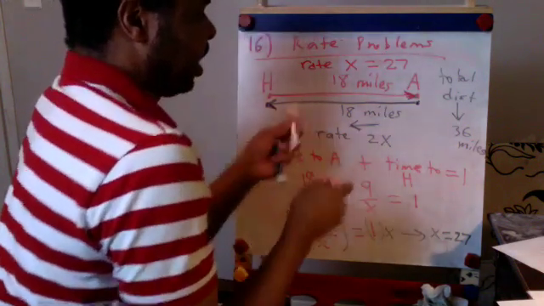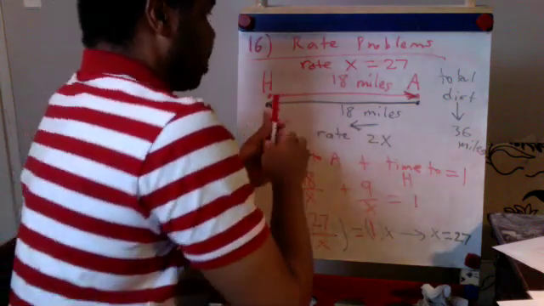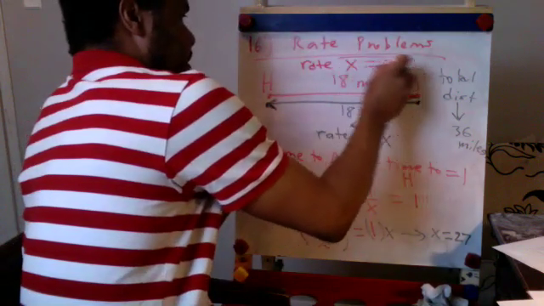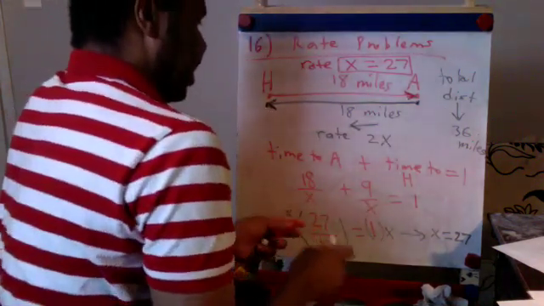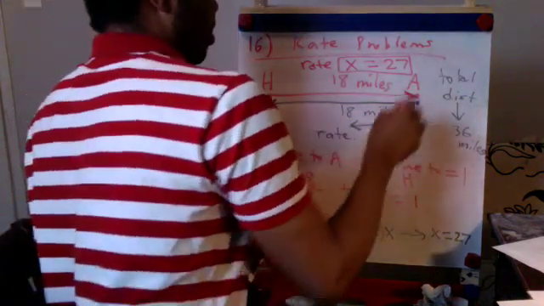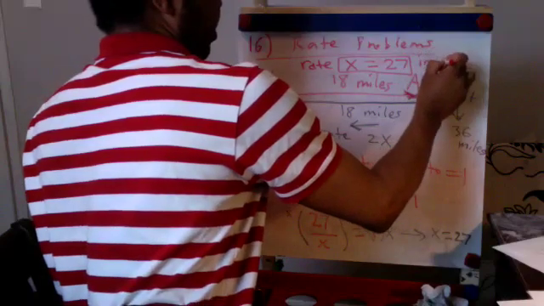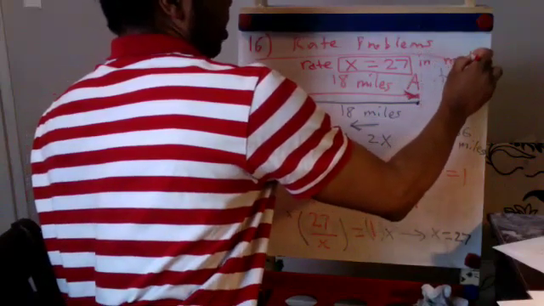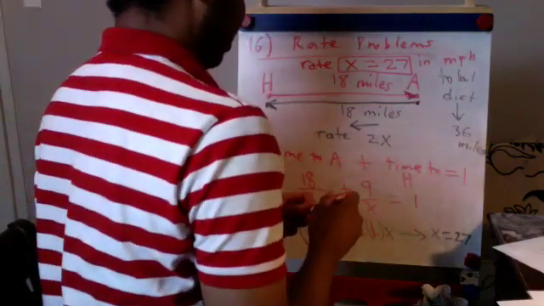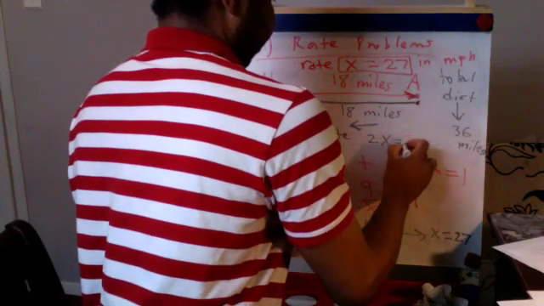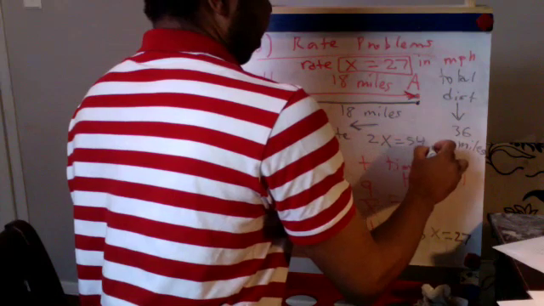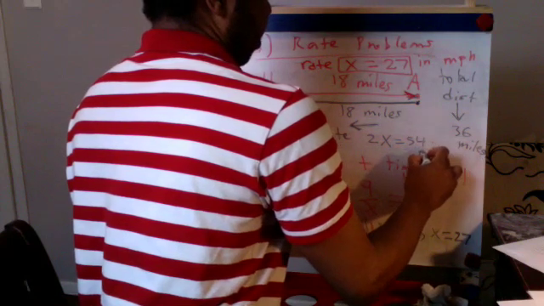His speed to the airport is 27, right? It's just 27 in miles per hour, that's the unit. And his speed back home is going to be twice that, 54 miles per hour.